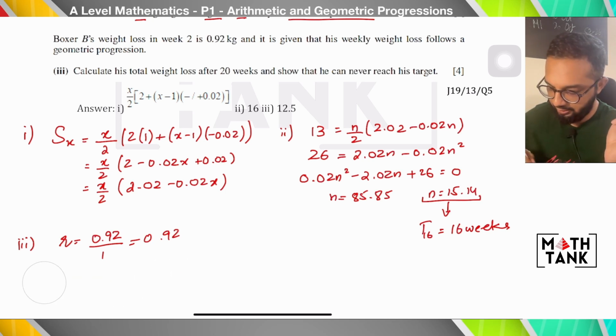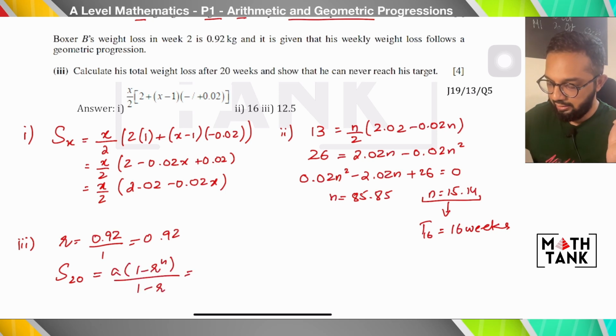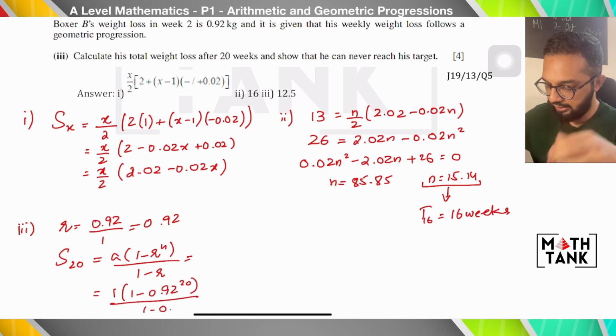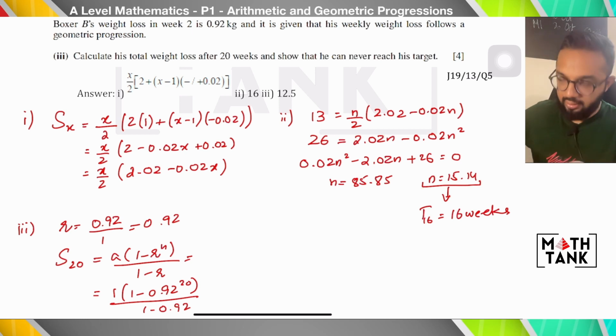This is a geometric progression. Let's apply the geometric progression formula. So it's a times 1 minus r to the power n over 1 minus r. So 20 terms is 1 times 1 minus 0.92 to the power 20 over 1 minus 0.92. Okay.